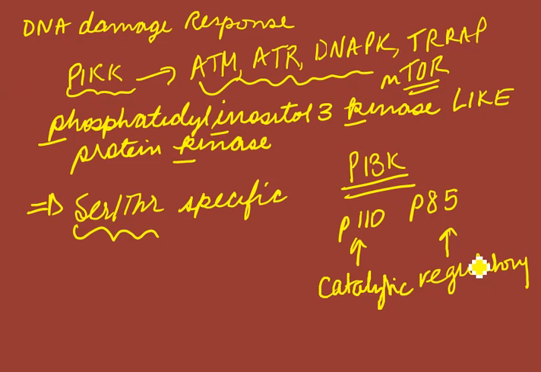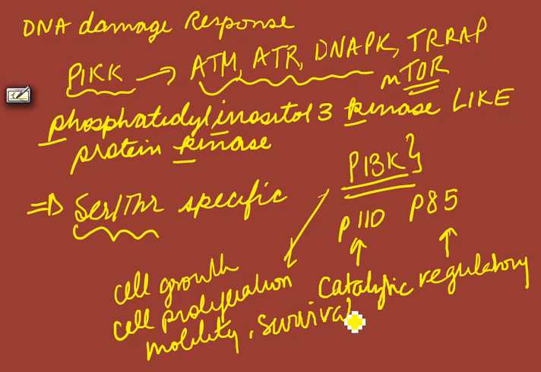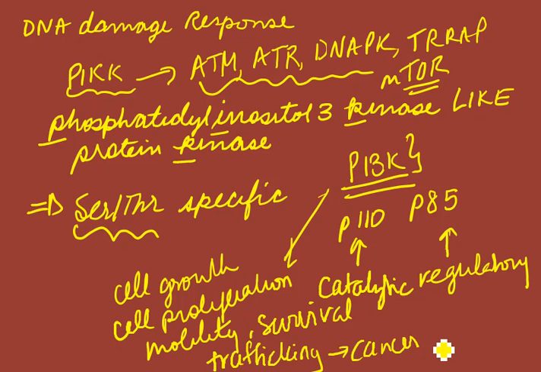PI3Ks are really important and are involved in different processes like cell growth, cell proliferation, differentiation, motility, survival, and trafficking. The most important function, I think, is the trafficking function. That leads to their function in cancer, in prevention of cancerous cells. So these are all the functions of PI3Ks.